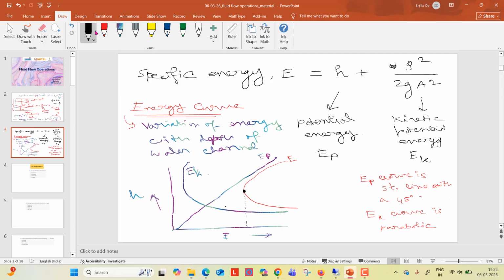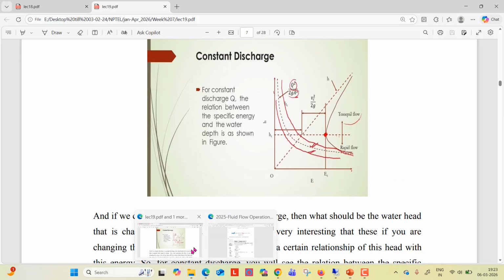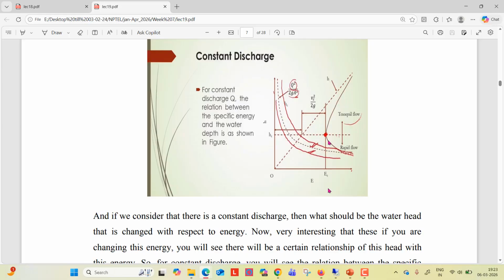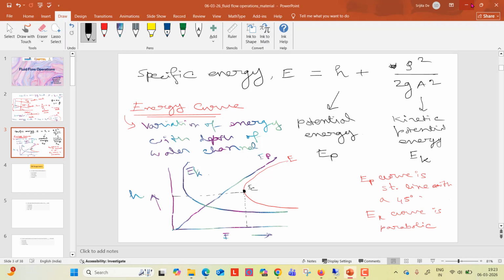If you mark the y-axis as well as the x-axis of this curve, this point is called the lowest critical specific energy point. This is the critical specific energy point. In the x-axis it will be EC and in the y-axis it will be HC.